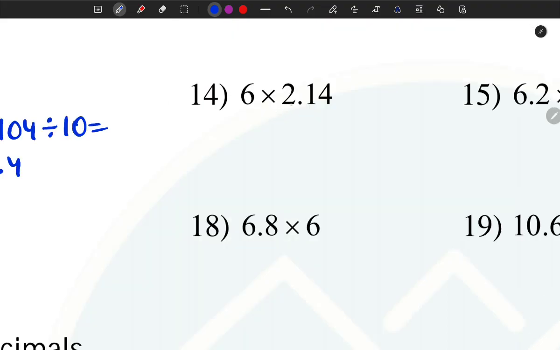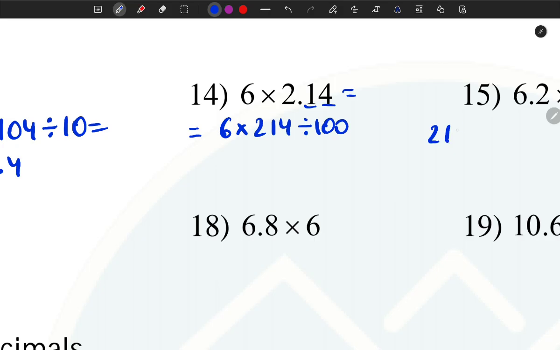6 multiplied by 2.14. First we multiply 6 by 214, then divide by 100. Why? Because totally we have two decimal numbers.